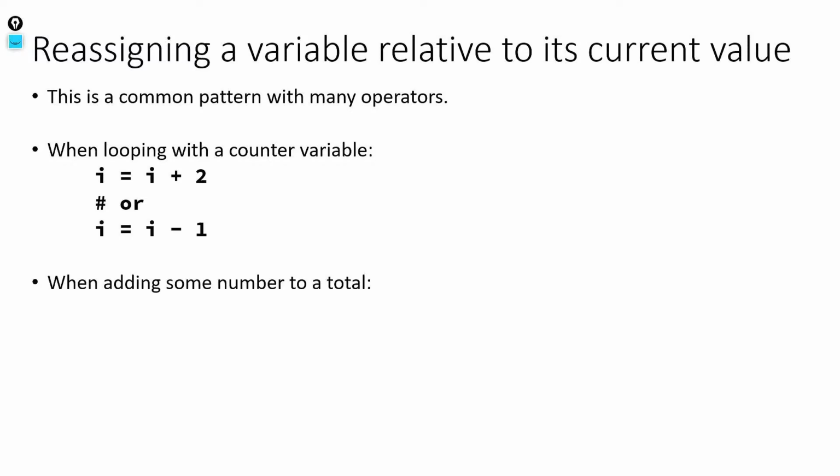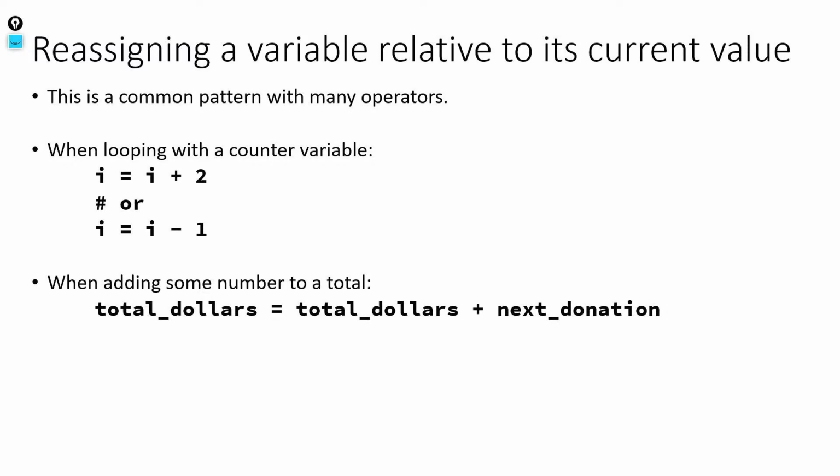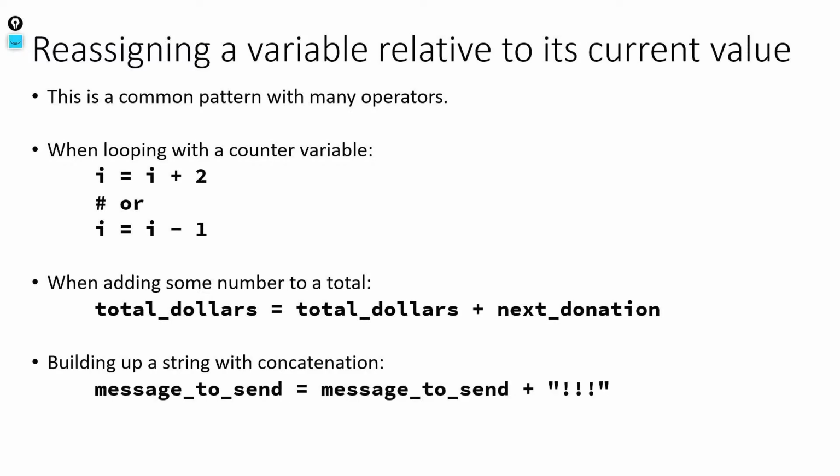You can imagine having some variable that's keeping track of a summation, and maybe total dollars is assigned total dollars plus next donation. Or we're doing some concatenation where we're building up a message to send in some string variable, and we have to take the current value of the string, concatenate some exclamation points, and reassign that back to itself. This pattern is very common, where we're saying relative to the current value in a variable, add to it, change it, do something to it, and then reassign it back to itself.